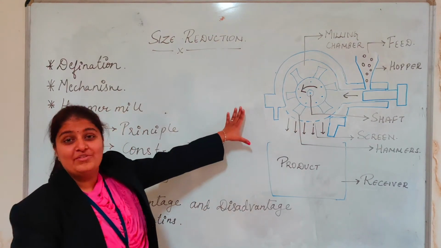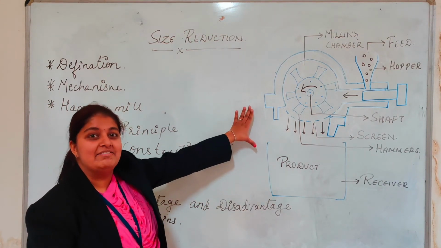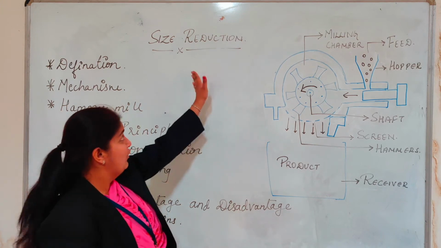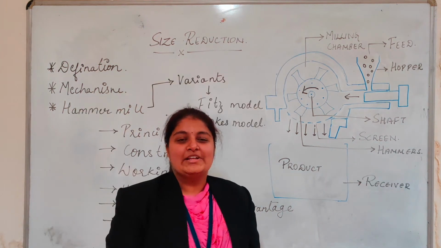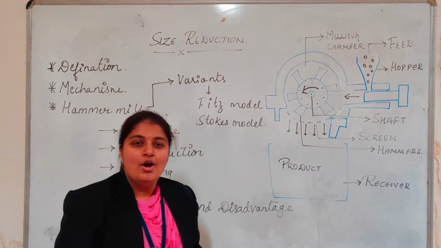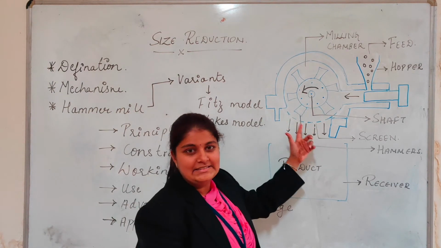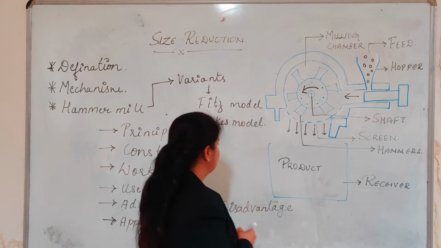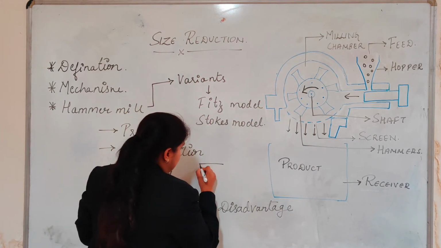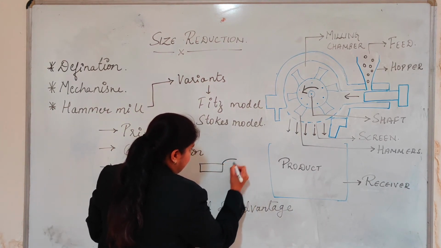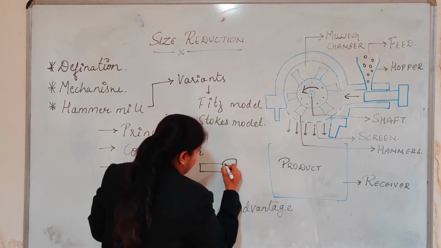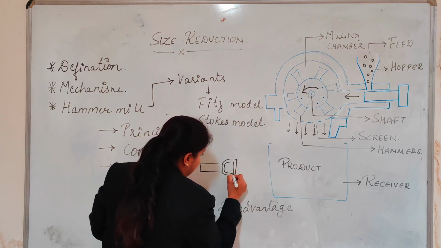Coming to the applications, hammer mills are widely used in the pharmaceutical industry for size reduction. There are two types of hammer which we use: one is the bar type and the other is the stirrup type. What we have discussed is the bar type, and the stirrup type looks like this.